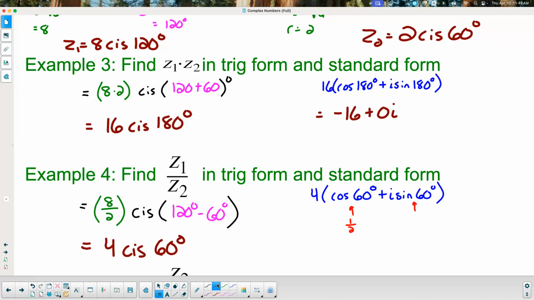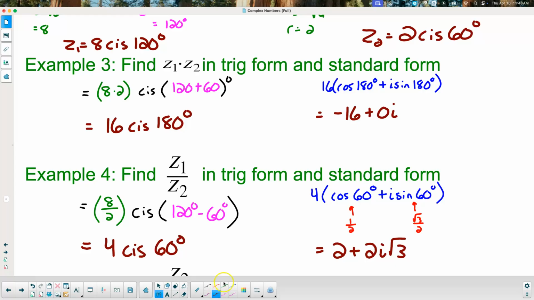Sine at 60 degrees is square root 3 over 2. 4 times 1/2 is 2. 4 times the square root of 3 divided by 2 times i is 2i square roots of 3. Agree with that? Yes? Okay.